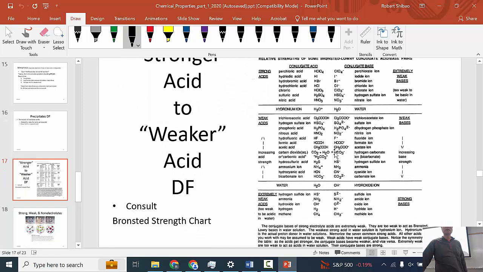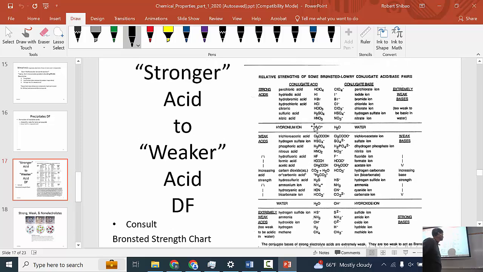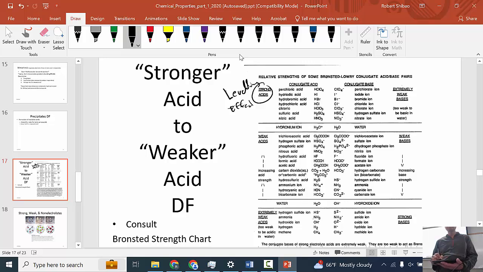And then, if we're looking at stronger to weaker acid, we're looking at these, but you have to remember, what did I call that? All the strong acids in water have the same strength. Do you recall me saying that? Right. And so the strong acids have something called the leveling effect, as do the strong bases.